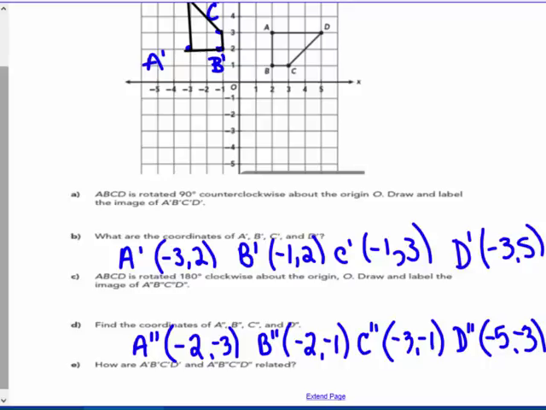So plotting those, let's see if I can do it. -2, -3, A's image, so that's A double prime. B is -2, -1. C is -3, -1. I can't even imagine how far off this is right now. And D's is -5, -3.